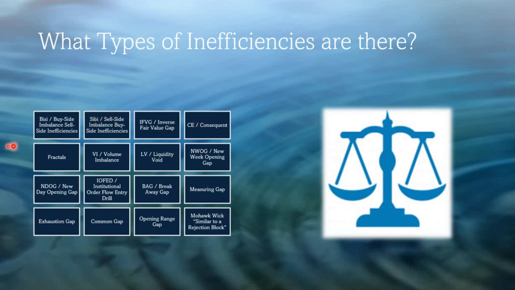Okay? Next, we have our fractals. After that, we will go over volume imbalances, liquidity voids, NWOGs, also known as new week opening gaps, NDOGs, also known as new day opening gaps, IOFED, which is known as institutional order flow entry drill, BAGs, which are breakaway gaps, measuring gaps, exhaustion gaps, common gaps, opening range gaps, and a Mohawk wick, which is similar to a rejection block but is different because it is treated as an inefficiency.